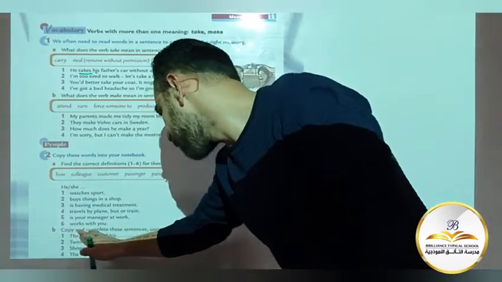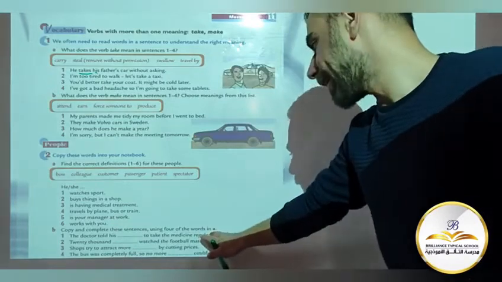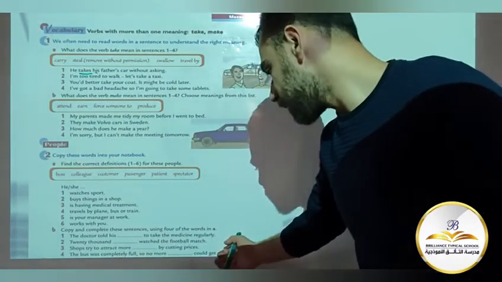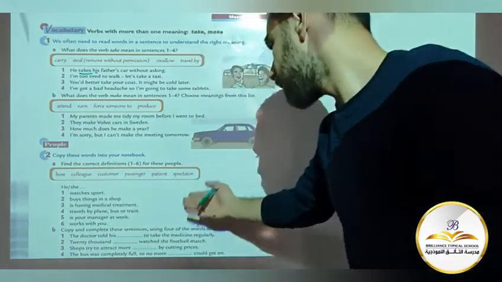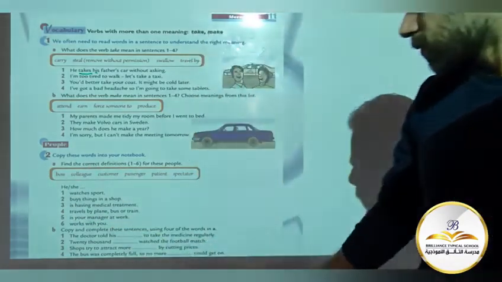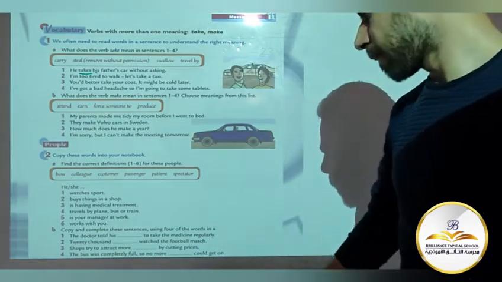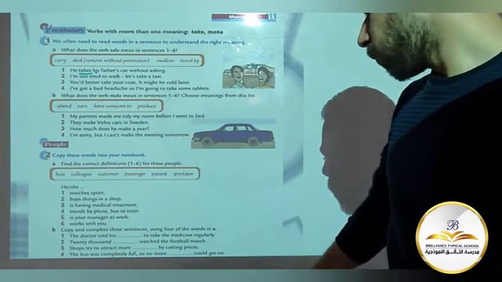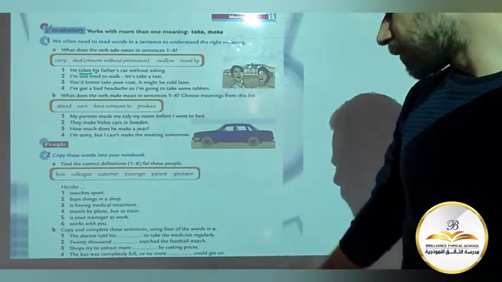And copy and complete these sentences using 4 of the words in A. Take a look at these sentences. Use some of these words in the gaps. The doctor told his to take the medicine regularly. 20,000 watch the football match.